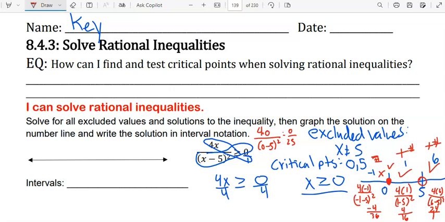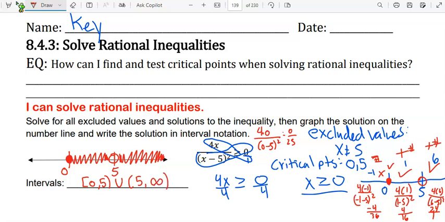So in this case, we could graph our answer. We have 0 here. We have 5. And then everything else is shaded in between 0 and 5, and then after 5. Your interval solution would be from 0 to 5, or from 5 to infinity.